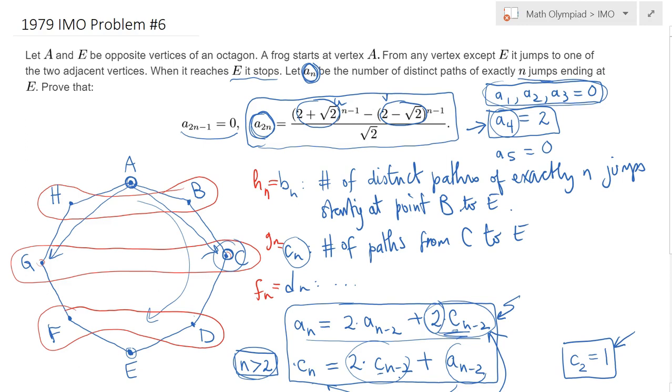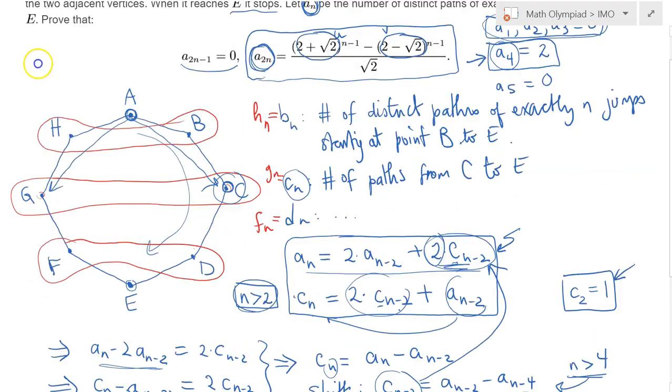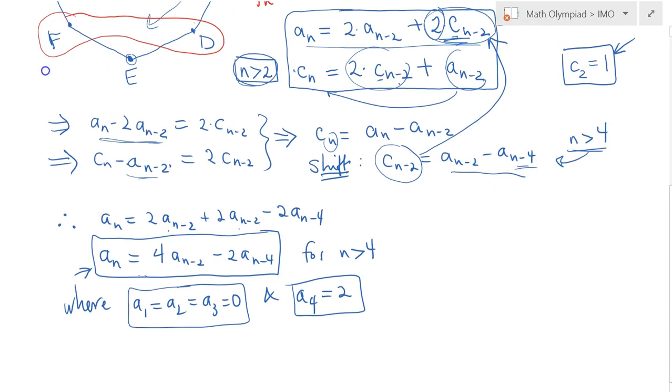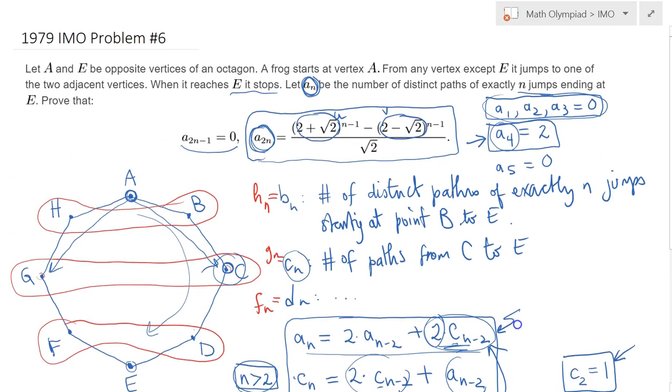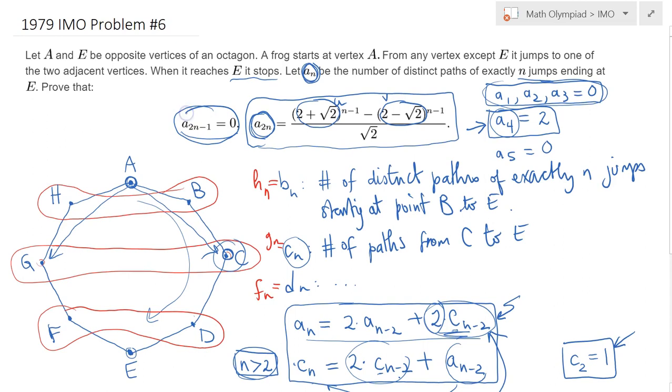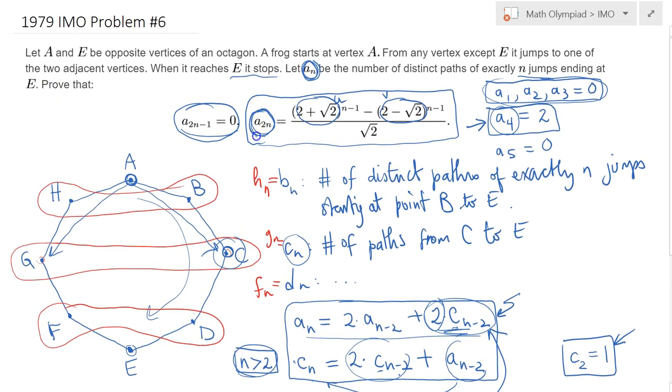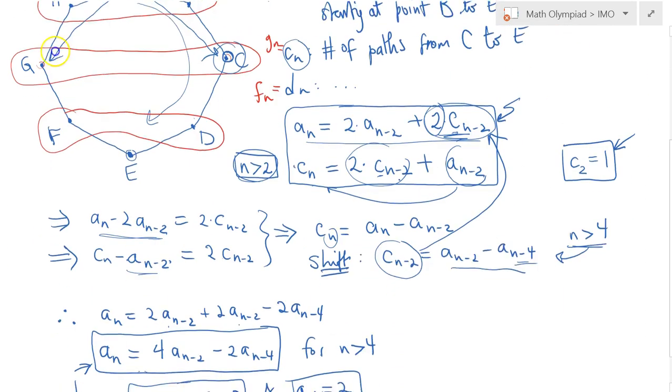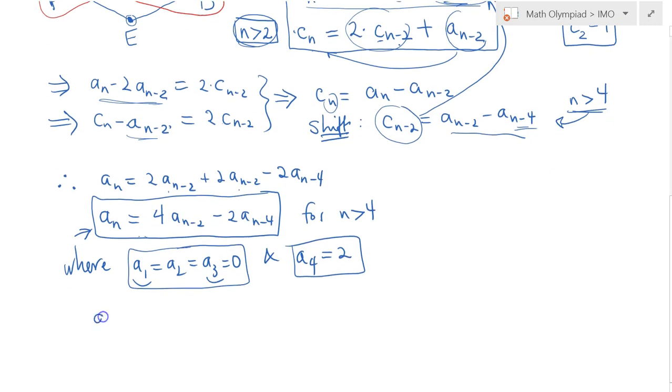So we need to really verify that this solution indeed satisfies these conditions. Obviously a1 and a3 being 0 is no big deal, because we already knew that it's impossible to finish in an odd number, and this recursion only works for a sub 2n, obviously. So all I need is to test a sub 2.